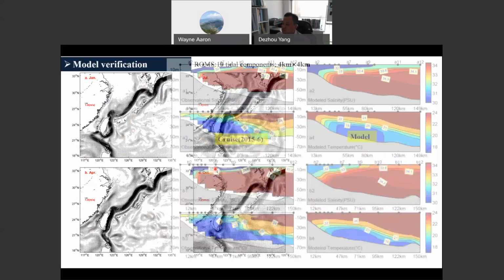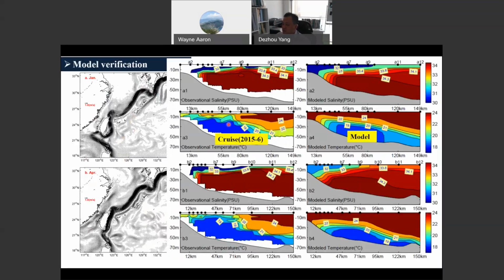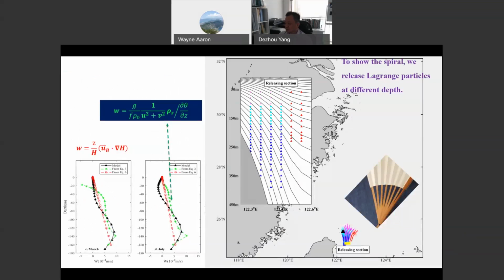Also, the observed temperature distribution and salinity distribution are well reproduced by the model result. For example, the cold water can be well produced. We also use the model to verify our theory. We check if the model can show the topographic beta spiral.